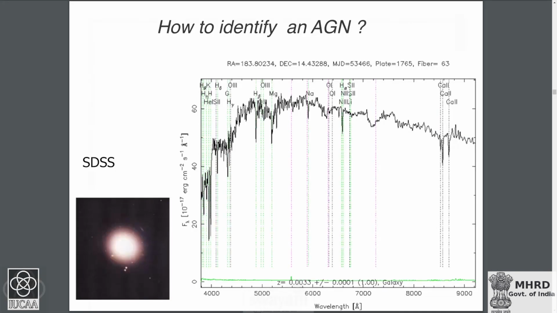And how do you identify these active galaxies? A normal galaxy is nothing but a collection of millions or billions of stars. The spectrum of a star can be well explained by a black body, wherein there is a continuum, and superposed on the continuum, in the case of stars, we see predominantly absorption lines.